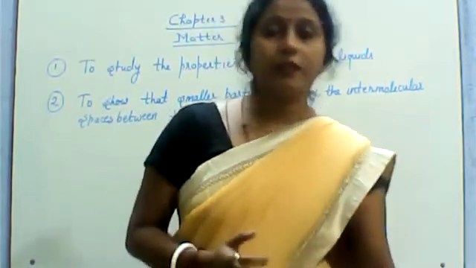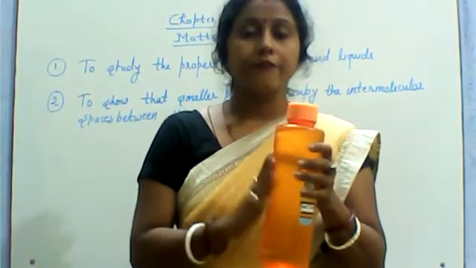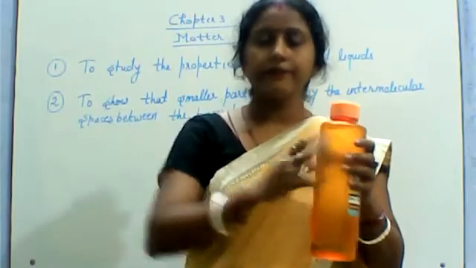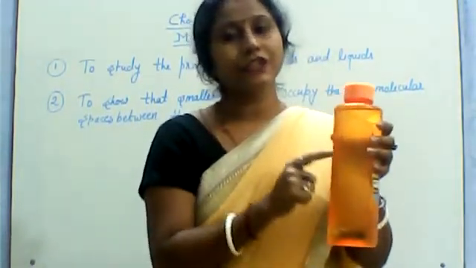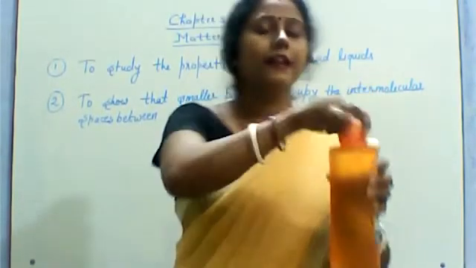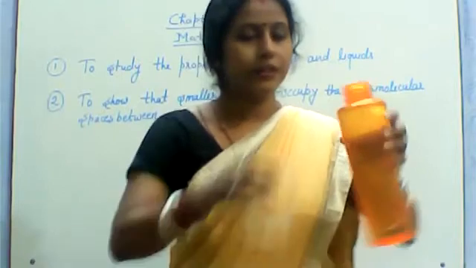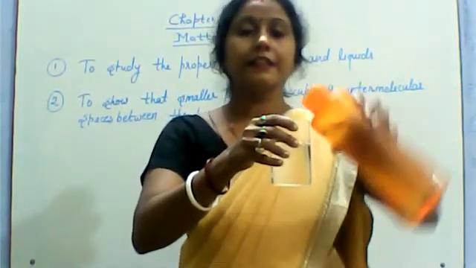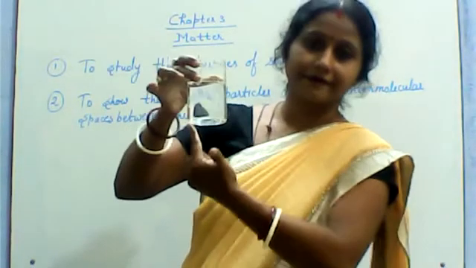And if we talk about water, which is liquid, it is in the bottle, okay? And in the bottle, it has taken the shape of the bottle. And if I pour this water into the glass, it is taking the shape of this glass. Understood?